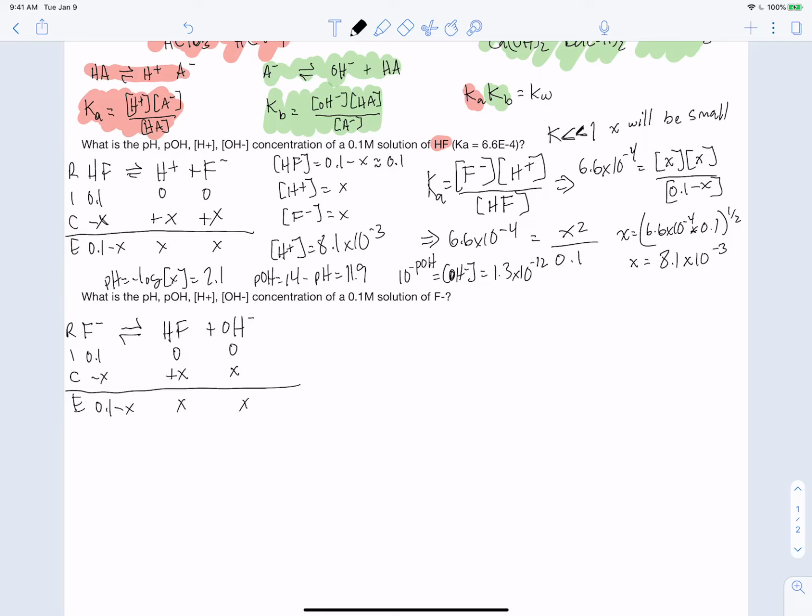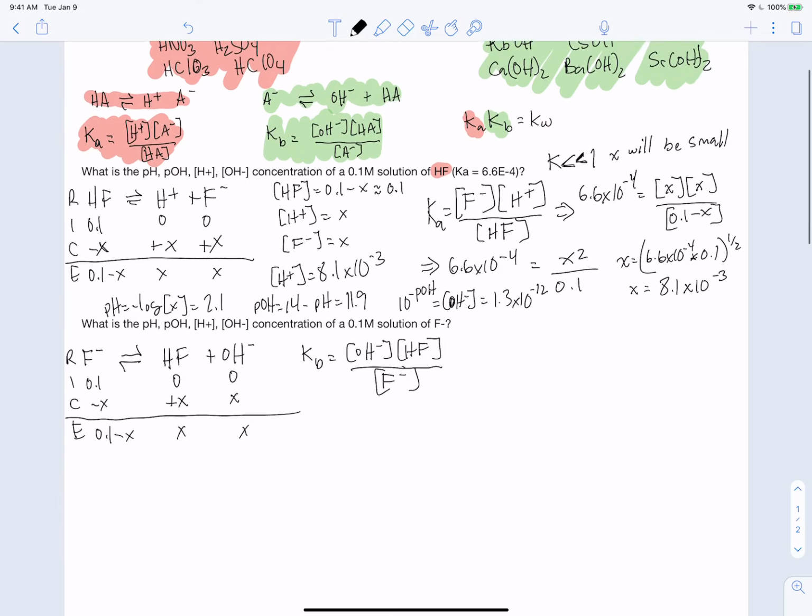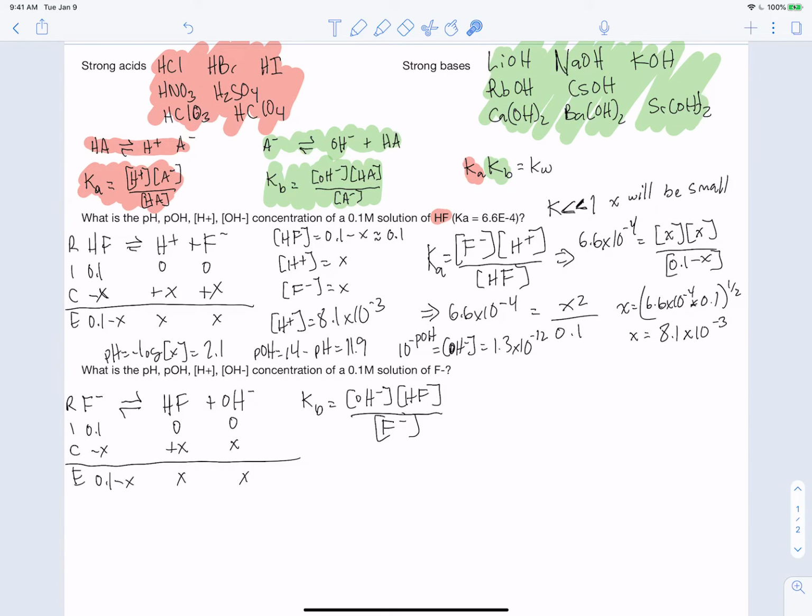Then we have this expression that we can write for the equilibrium, which is that the Kb is equal to OH minus times HF divided by F minus. So again, just products over reactants. Note here that F minus is the conjugate base of HF, but the forward reaction for HF generates H plus, and when we're writing the base expression, this expression for Kb, there is no H plus in it.